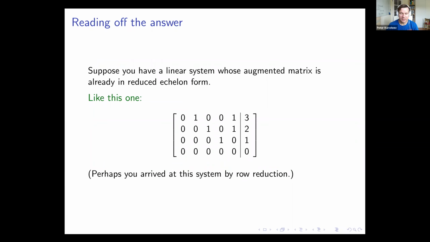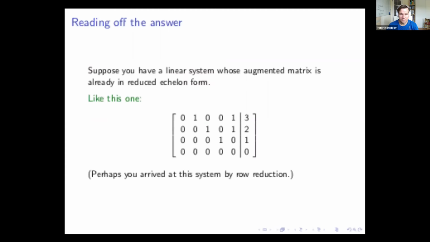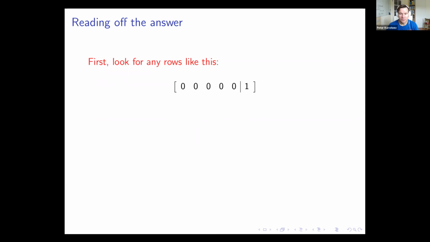Perhaps we arrive at this system of equations by row reduction. First we need to look at rows like this, which this matrix does not have, but it might. If you remember the correspondence between the augmented matrix and the system of equations, it means that the coefficients which multiply the variables x1, x2, x3, x4, and x5 in this case are 0.